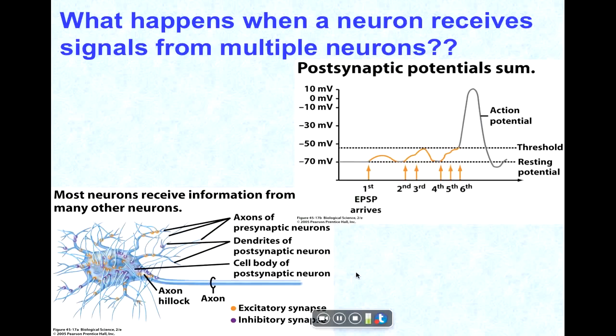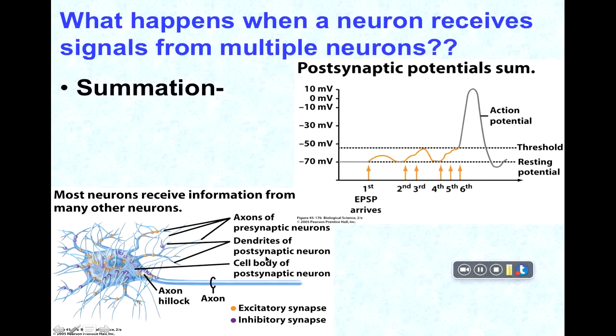What happens then if a postsynaptic neuron receives signals from multiple neurons at the same time, some of which might be excitatory, while others might be inhibitory? That's illustrated toward the lower left image: a single large postsynaptic cell receiving multiple signals at the same time. In essence, this is the basic process we call summation.